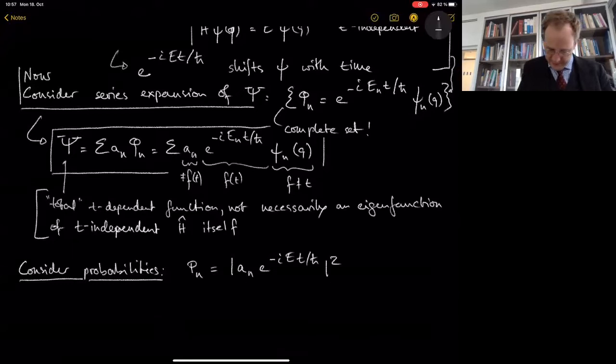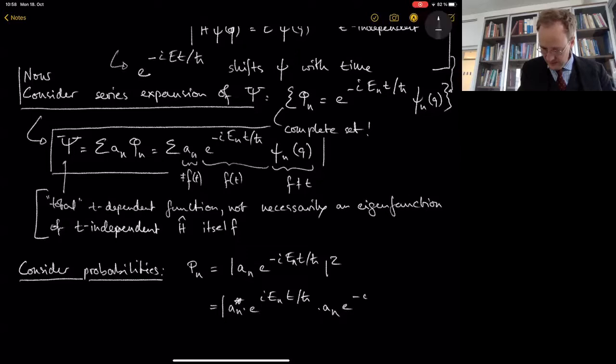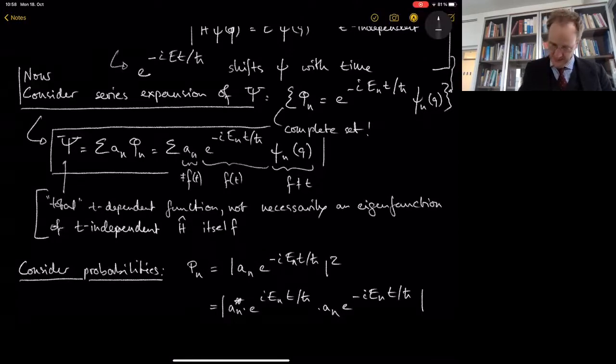Now, what is that? That is nothing else than a_n complex conjugate, and the complex conjugate of the exponential part, we lose the sign, times a_n e to the minus i e t over h bar, right?